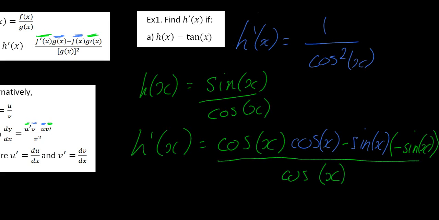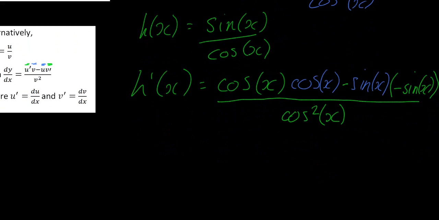But if you want to square this whole term over here, we just put the square right in the middle. Okay, so if we scroll down a little bit, now we just need to simplify this. Note that with the two negatives here, you can actually say it's a double negative. So since you're multiplying two negatives, we're going to have a plus. At the top, we end up with cos squared x plus sine squared x.